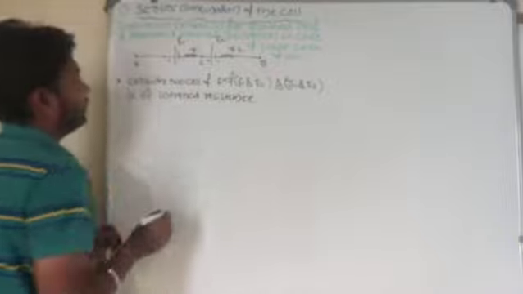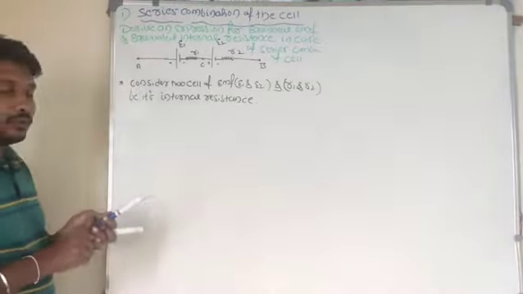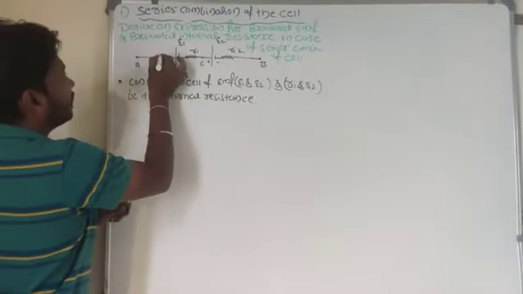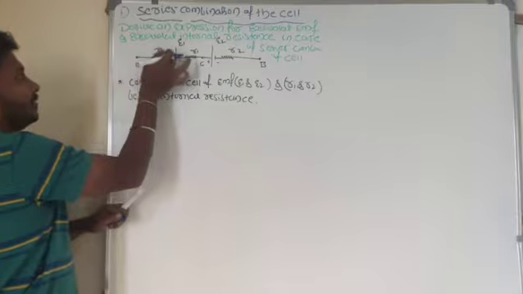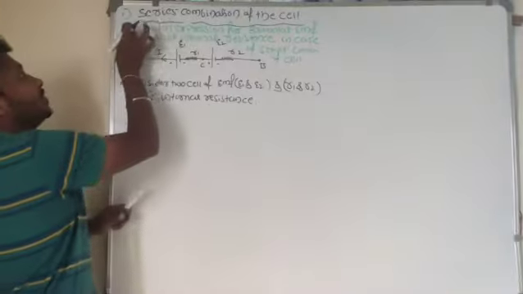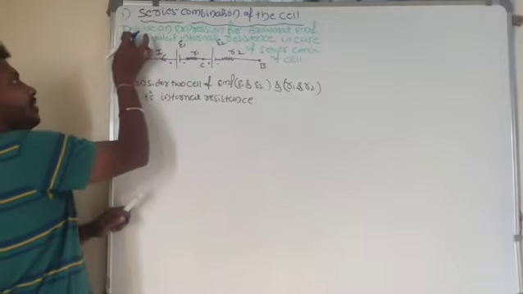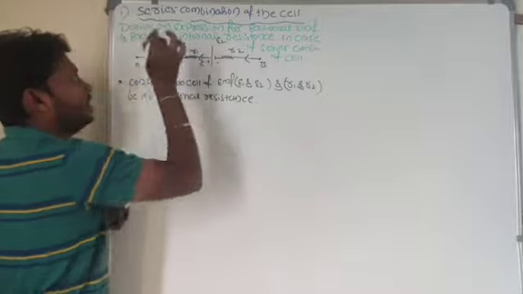Look here, in case of series combination, current flows from the positive terminal of the first battery, moves like that through any devices present, and comes back here, so it completes one circuit. This is the direction of flow of current.